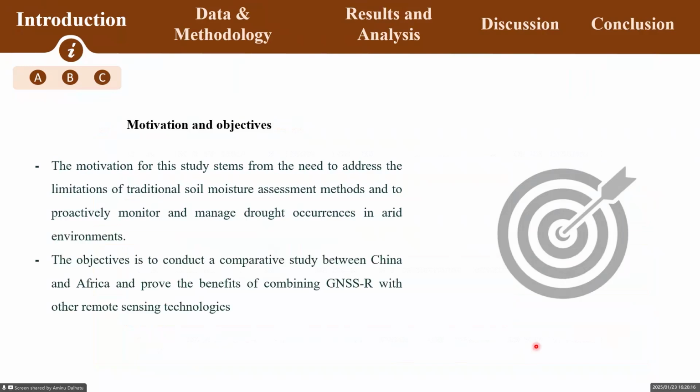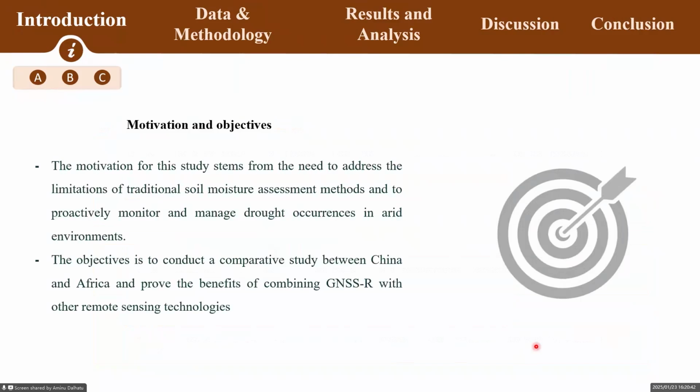The objective of this study is to conduct a comparative study between Africa, which is a whole continent, and China, which is only a country. Why did I choose these two? African countries are mostly similar when it comes to data, and especially when it comes to drought.